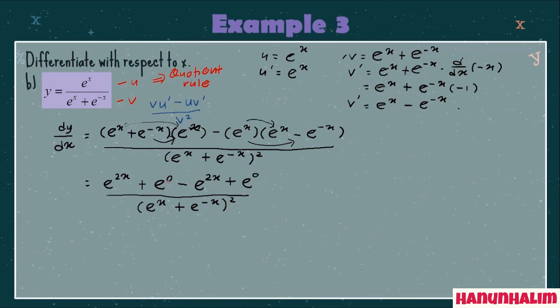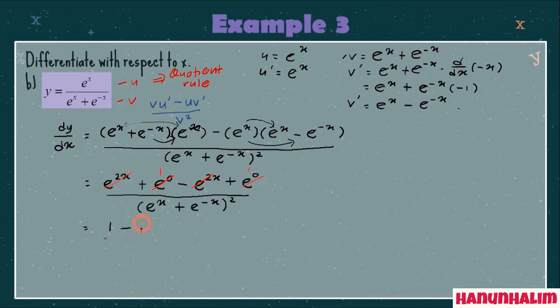E to the power of 0, any number to the power of 0 is equal to 1. E to the power of 0, 1. Okay, lepas tu e to the power of 2x minus e to the power of 2x, yang ni habis lah. So tinggal e^x tolak e^x, habis. So e kuasa 0, 1. So 1 plus e to the power of 0, 1.